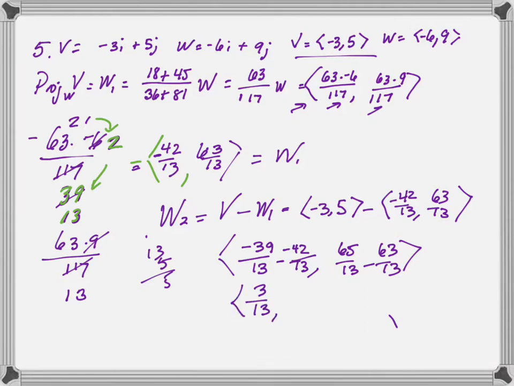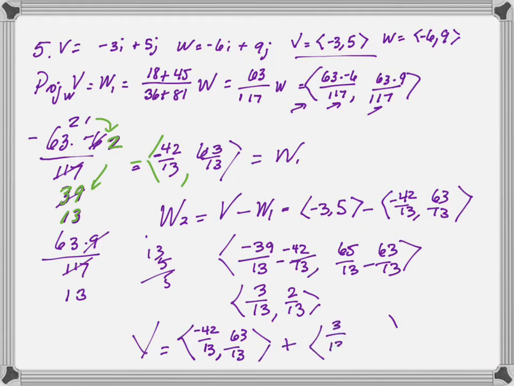And 65 minus 63 is 2/13. So V altogether is W1, which was (-42/13, 63/13), plus W2, which is (3/13, 2/13). So that's the answer for number 5.